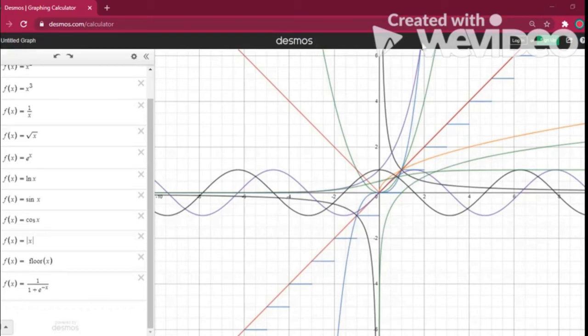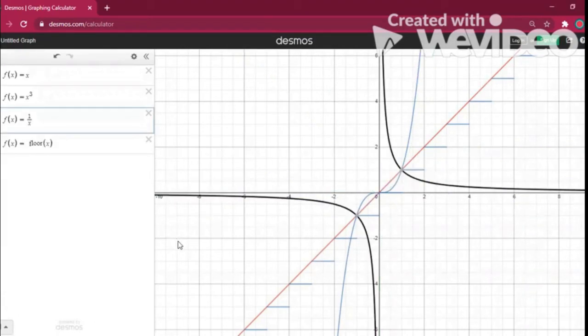Now that we have isolated them, we see that one of them, which is this one, f of x equals 1 over x, is the only function that appears to have an asymptote, because as the x values approach the negative side of the x-axis, the y limit is at the line y equals 0. So we can delete that one.